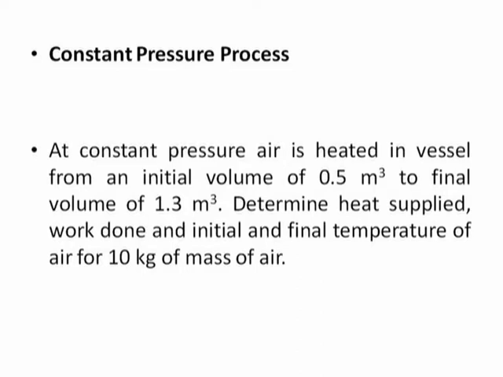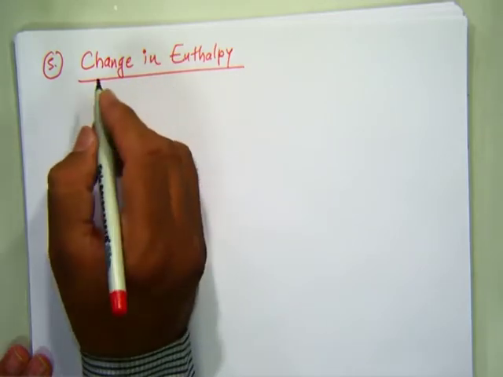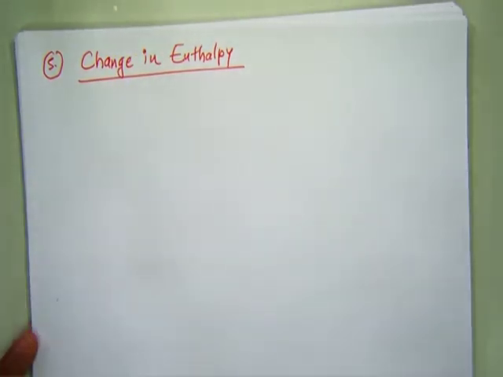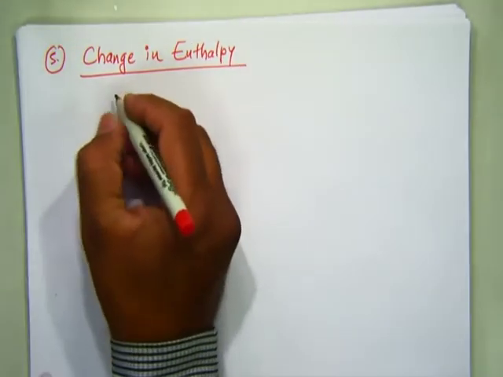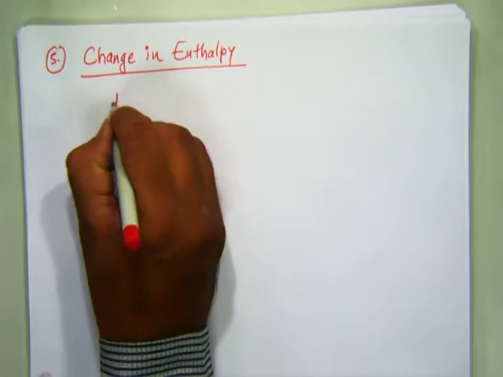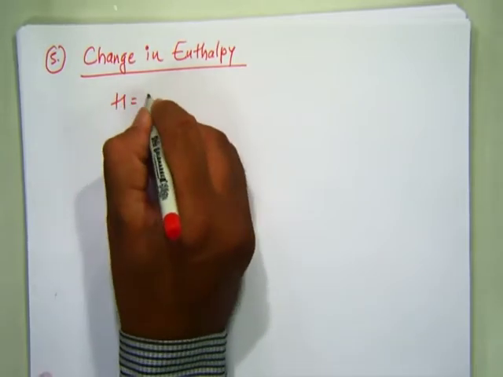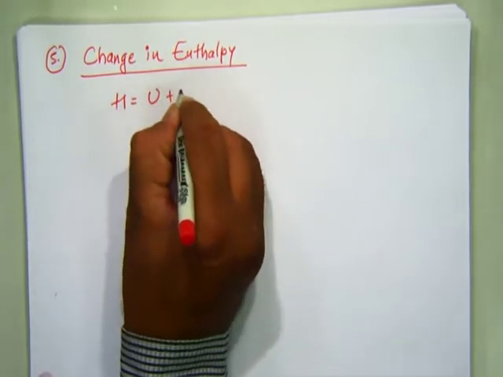In case we refer to the constant volume process, for the change in enthalpy we started with H is equal to U plus PV.